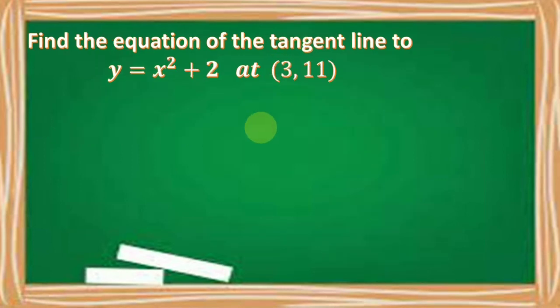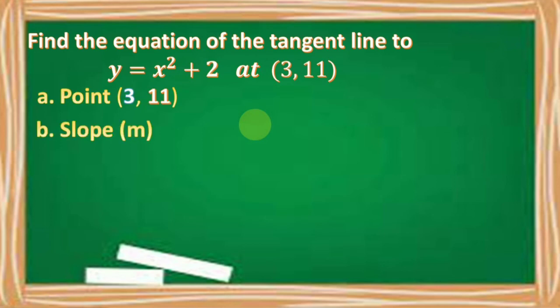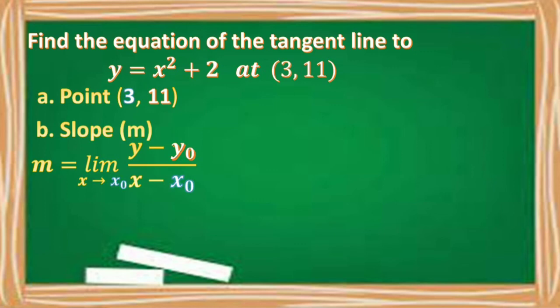Now let us find the equation of the tangent line when the coordinates of the point are already given. So we just need to find the slope using the formula m is equal to the limit of y minus y sub 0 over x minus x sub 0 when x approaches x sub 0.